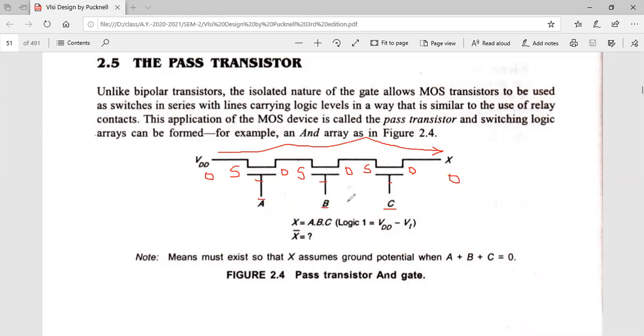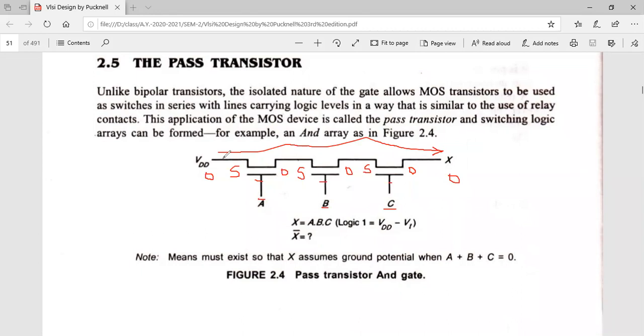These three transistors will be conducting based on the voltage applied to their gates. All three transistors have to be in the on state, and only then will the value at this node be transmitted to that node.